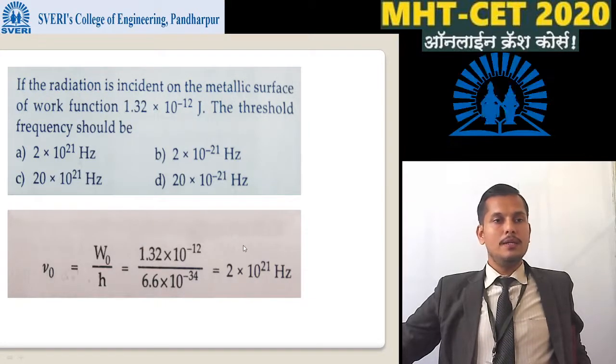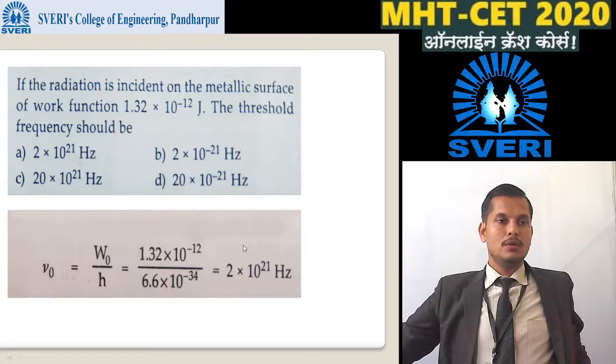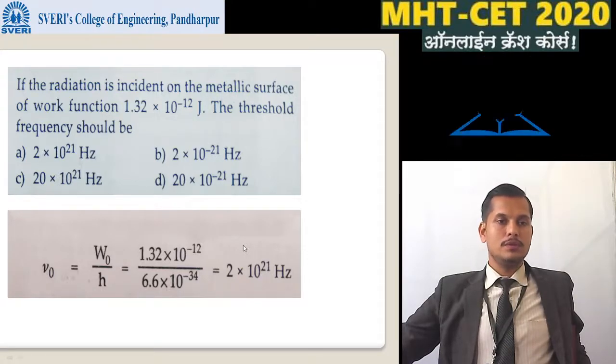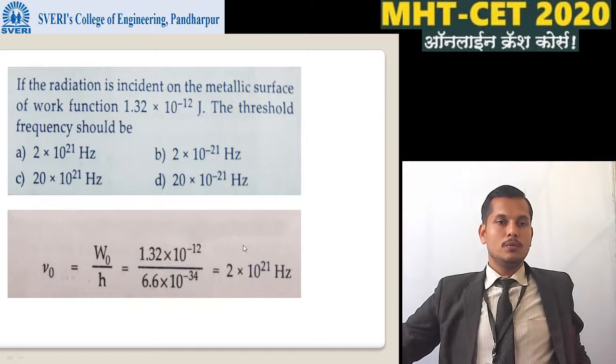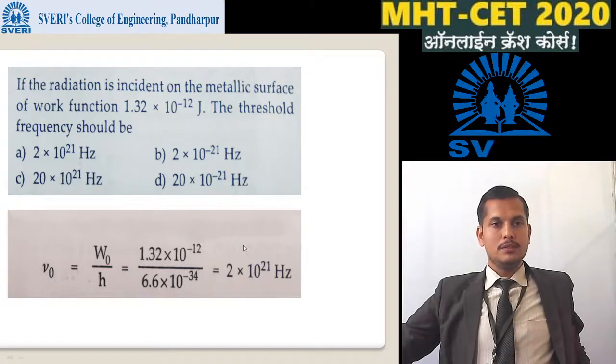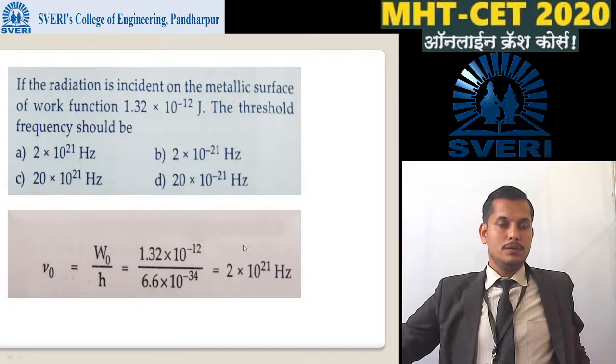If the radiation is incident on a metallic surface of work function, the work function value is given, that is 1.32 into 10 raised to minus 12 joule. What is the threshold frequency? So we have to determine the threshold frequency. The work function W is nothing but h nu 0.